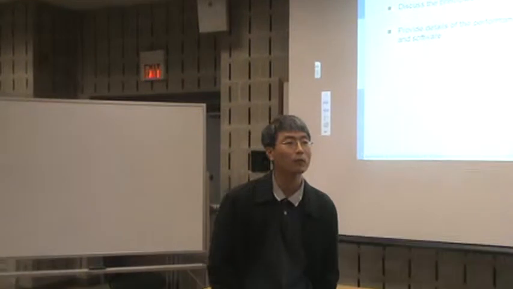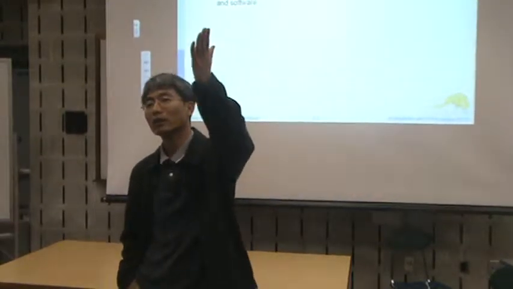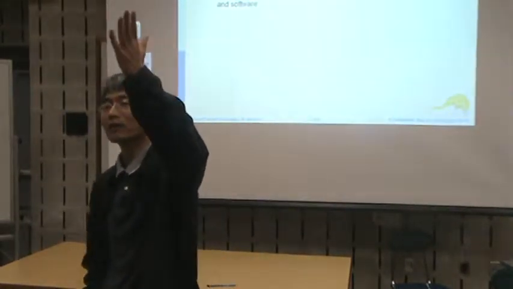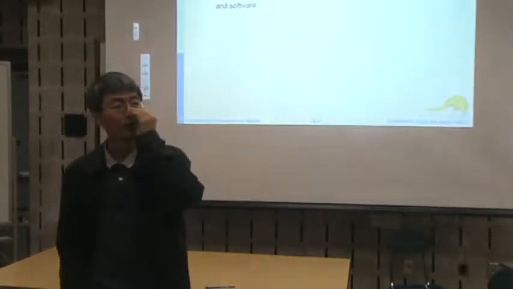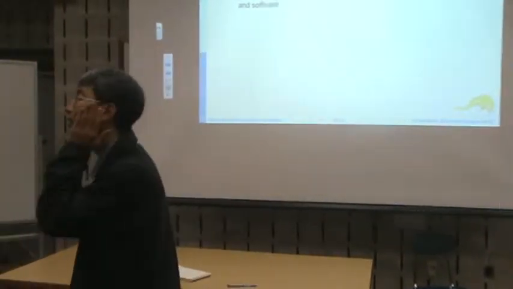Okay, where can you find such an input and output operation? Even a projector is one of the output devices connected to the computer. Okay, so input and output can be a human interface.